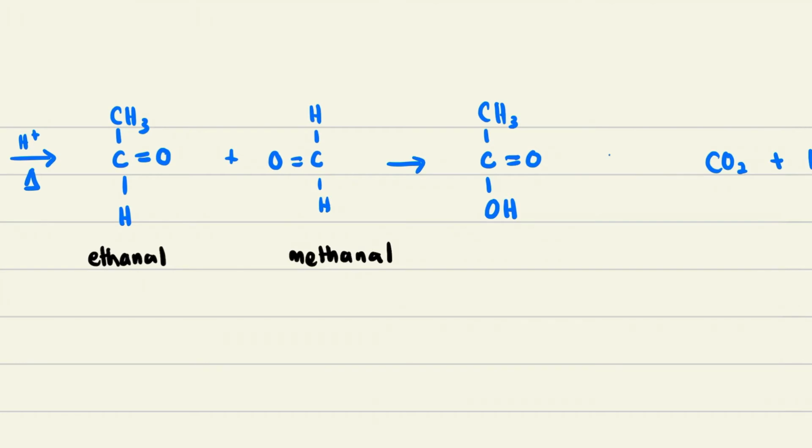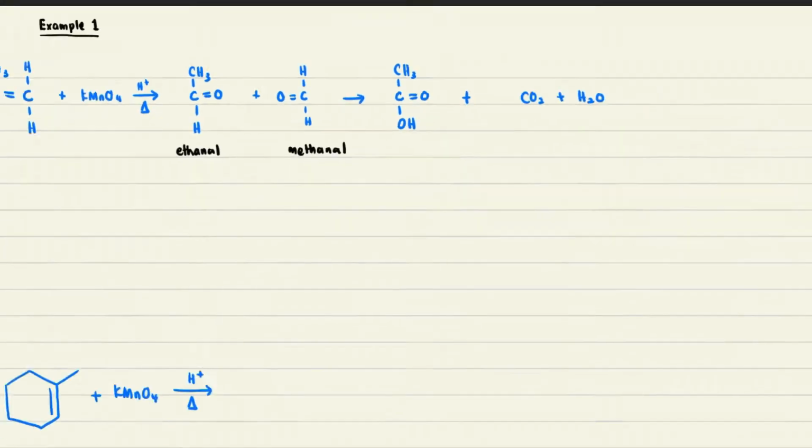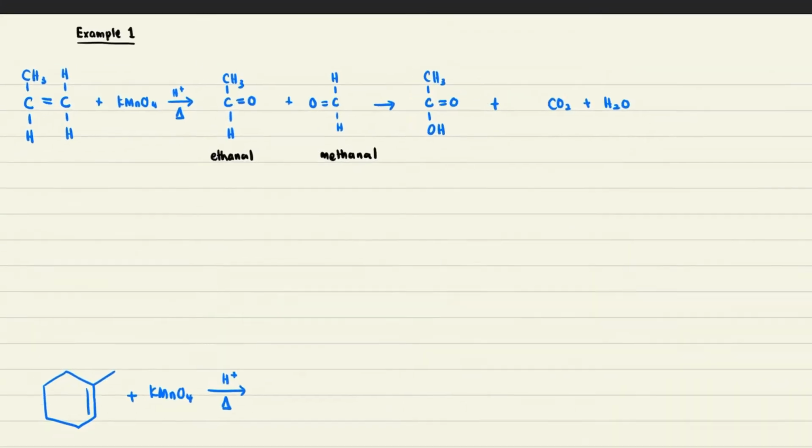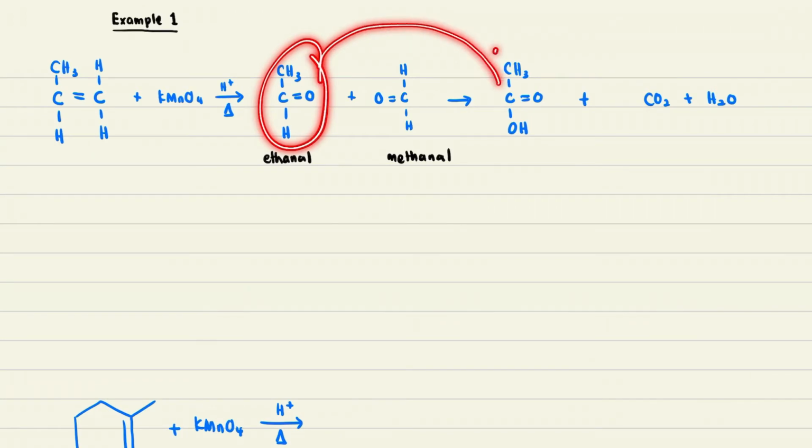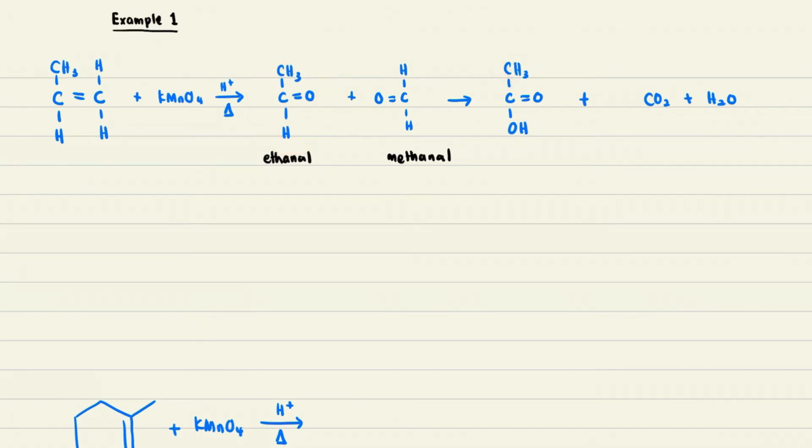Okay, so maksudnya produk kita total, kita ada 3 produk lah. Okay. So, when this double bond break, kita form methanal. And this methanal is further oxidized to carbon dioxide and water. While for ethanal, dia akan oxidize jadi carboxylic acid. Okay. Alright. So, dalam exam, answer yang mana kamu nak bagi?